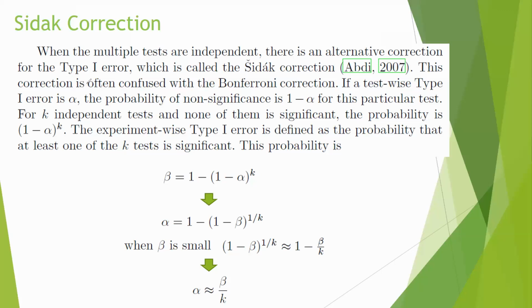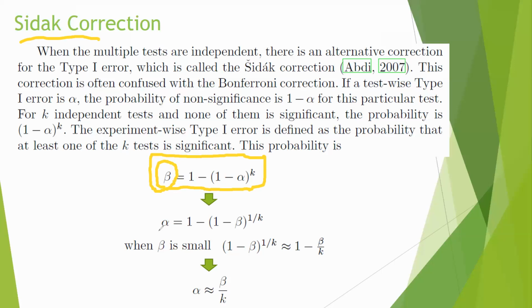If this is the case, either you go back and check your experimental steps to see if there's a problem there, or you can try a relaxed cutoff correction. For example, this is the one you can consider. This is how we calculate the family-wise type 1 error.